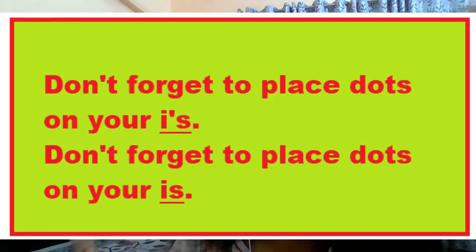If I do not add an apostrophe after i here, what will happen? It will become is. There won't be any meaning, or the meaning will change completely. So in this case, with lowercase letters, we have to use an apostrophe and then s.